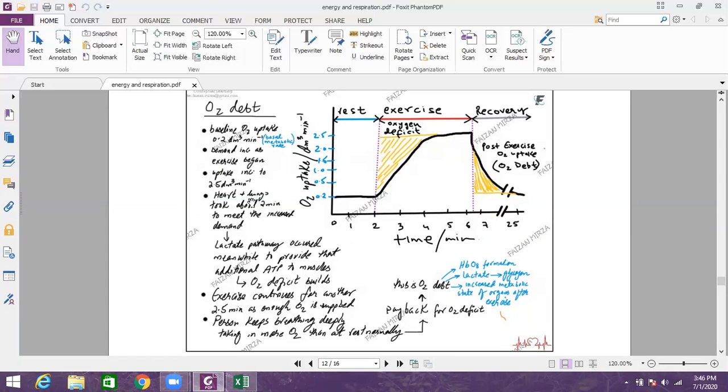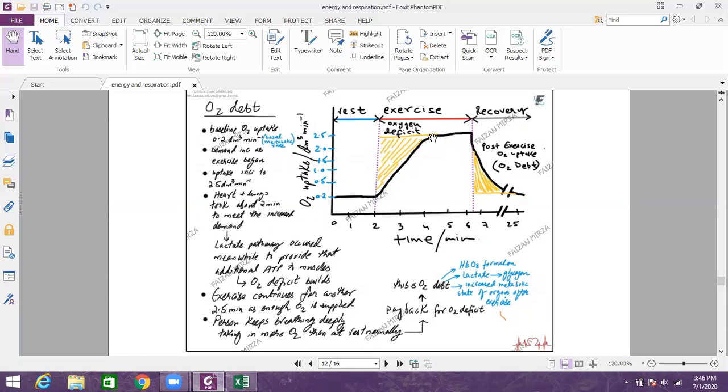Why is that so? Because your heart and lungs take about 2 minutes to meet the increased demand. And in these 2 minutes, lactate pathway will occur, and it will provide additional ATP to the muscle, and oxygen deficit builds up. It means that additional ATP will be provided to the muscles, so you can continue with the exercise.